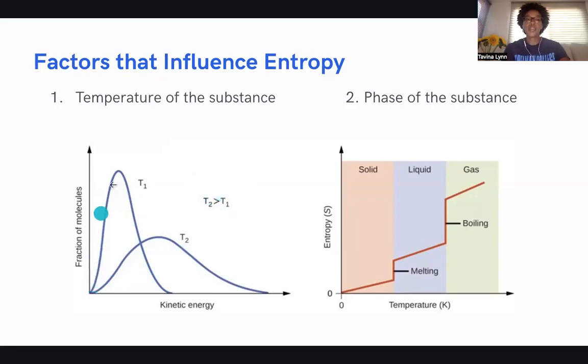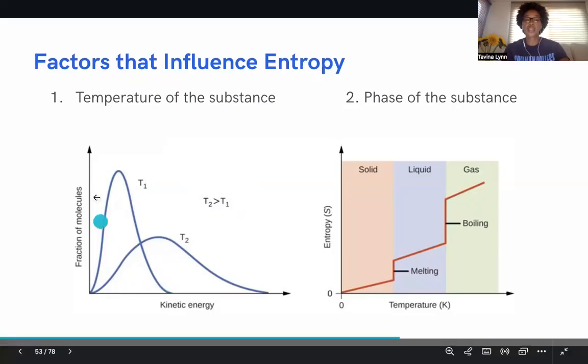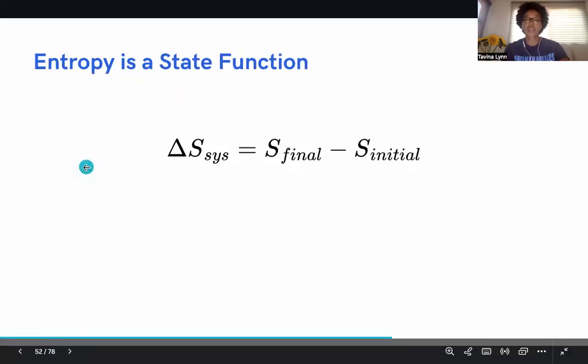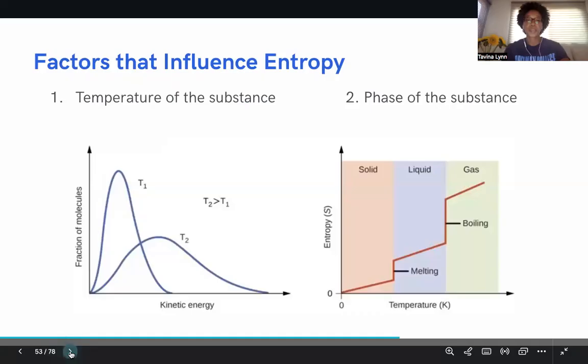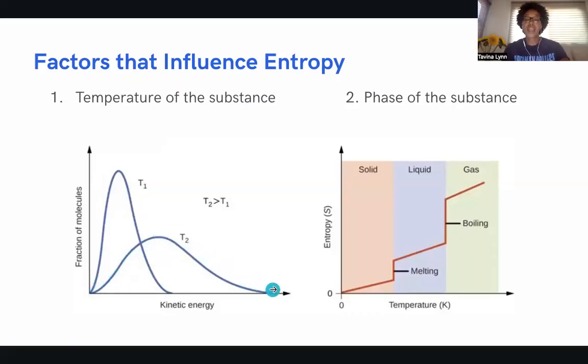So these are molecules at temperature 1, right? And we are graphing what their kinetic energy is against the fraction of molecules. And then this is a graph of temperature 2, which is a higher temperature than temperature 1. And we see a more random distribution of kinetic energies for the higher temperature, right?